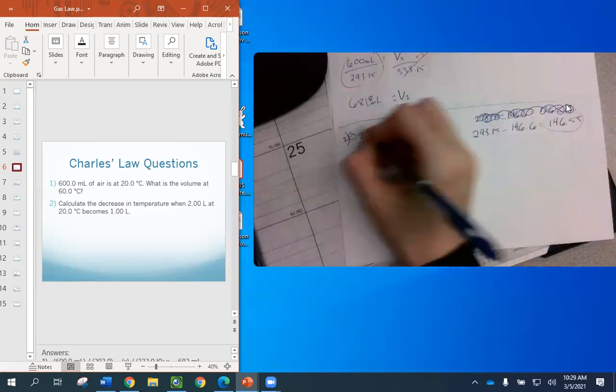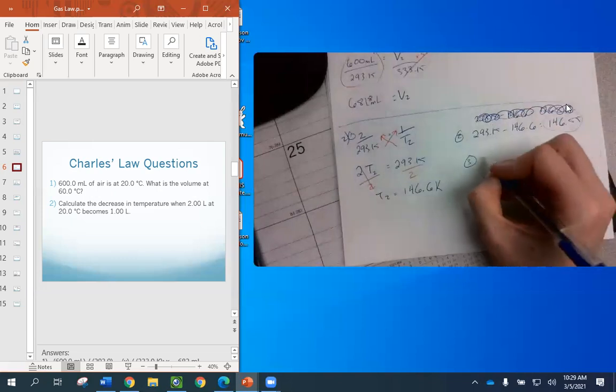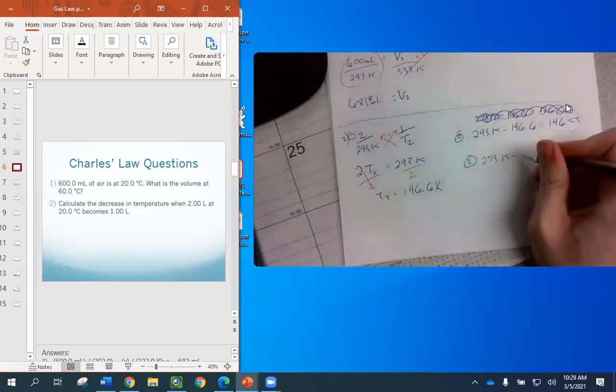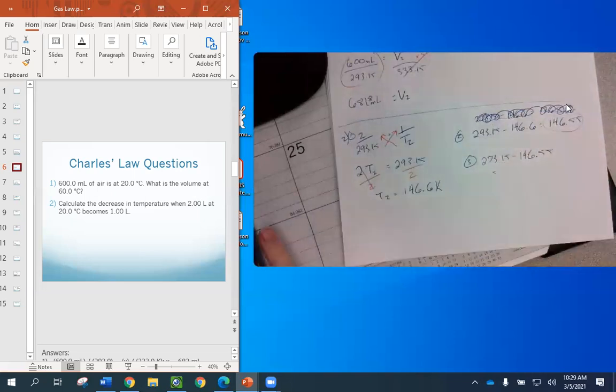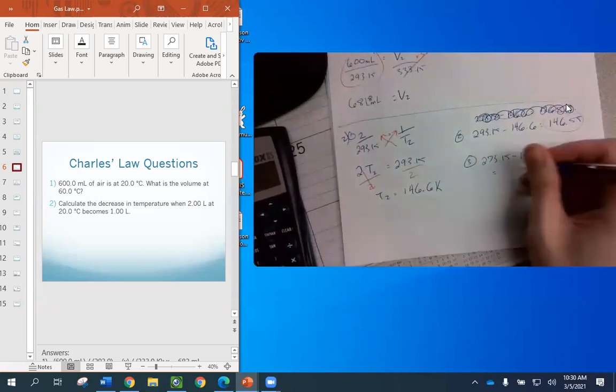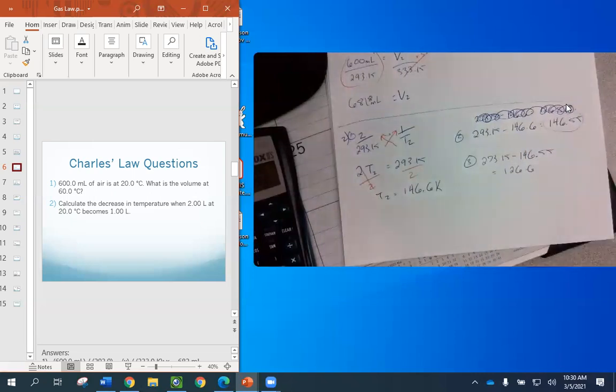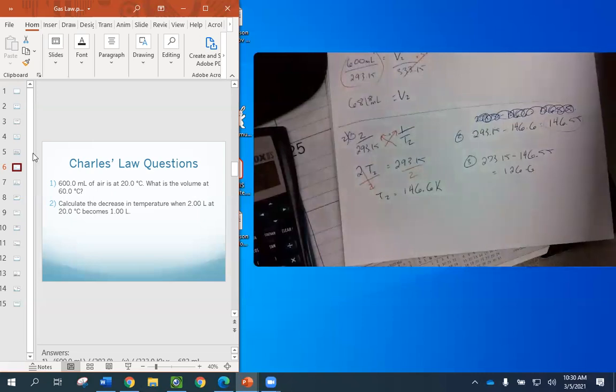So this is step 1, that's step 2. Step 3 is do 273.15 minus 146.55. 273.15 minus 146.55 equals, there we go, 126.6. Okay, that is all for Charles' law.